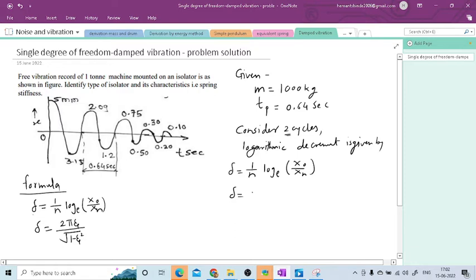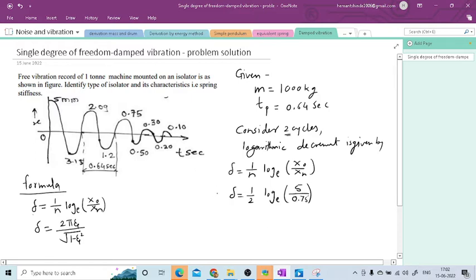So delta is equal to 1 by 2. Suppose if I select only one cycle, then I'll have to put n equal to 1. Now for 2 cycles I'll select x naught, the initial amplitude, and xn, the amplitude after 2 cycles. So the initial amplitude is 5, divided by xn after 2 cycles. This is the first cycle completed, here the second cycle completed. So this value is 0.75.